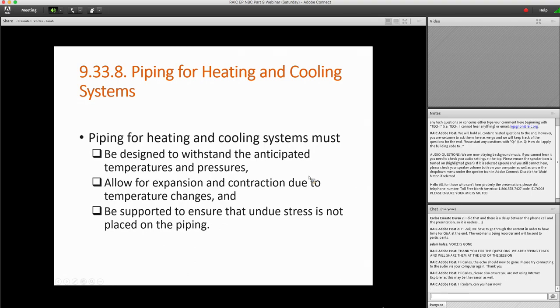Piping for heating and cooling systems must be able to withstand the anticipated temperatures and pressures within the system, allow for expansion and contraction due to temperature changes, and must be adequately supported to ensure that undue stress is not placed on the piping.